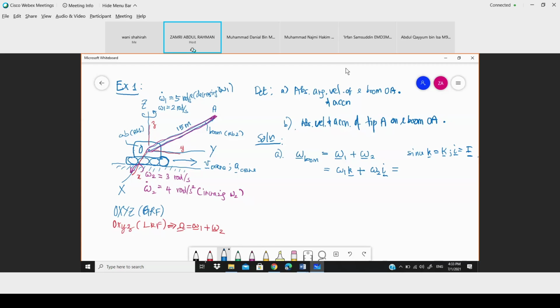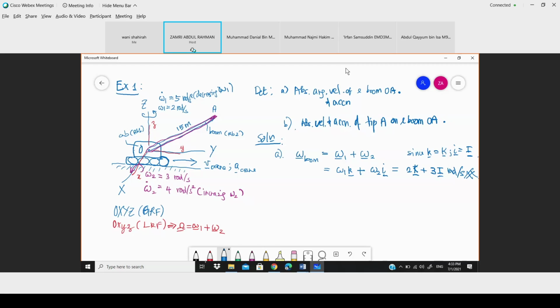So finally, we can express the answer as 2 capital K plus 3 capital I radian per second. So that is the absolute angular velocity of boom OA.